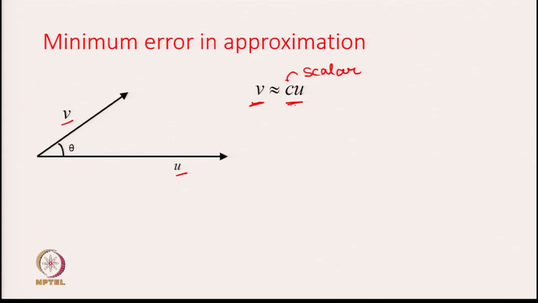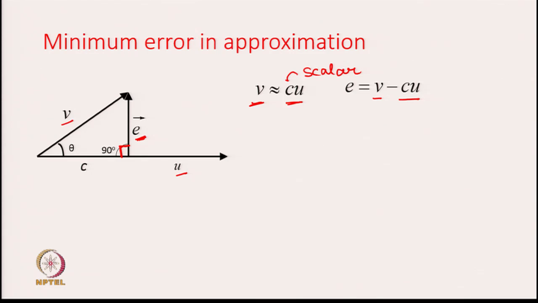Now, because vector v is not same as vector c u, there is an error in approximation, and this error is given by the difference between vector v and c u. For example, in this case I have shown that this error vector is perpendicular to vector u. Error vector in general can take any angle with vector u. Here for simplicity I have assumed that error vector is making an angle of 90 degree with vector u.